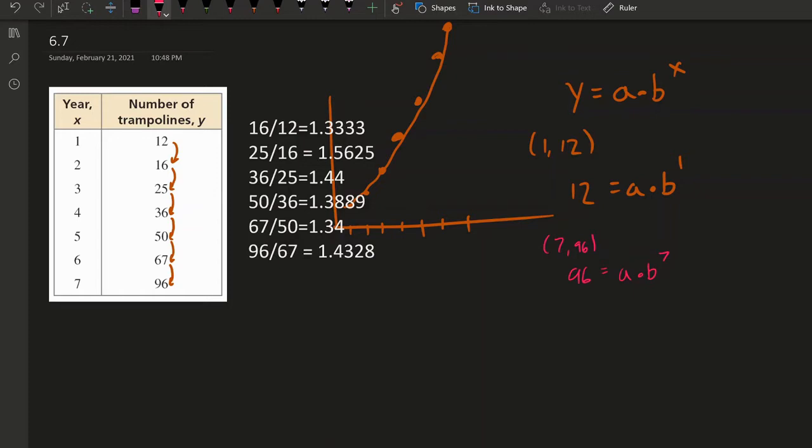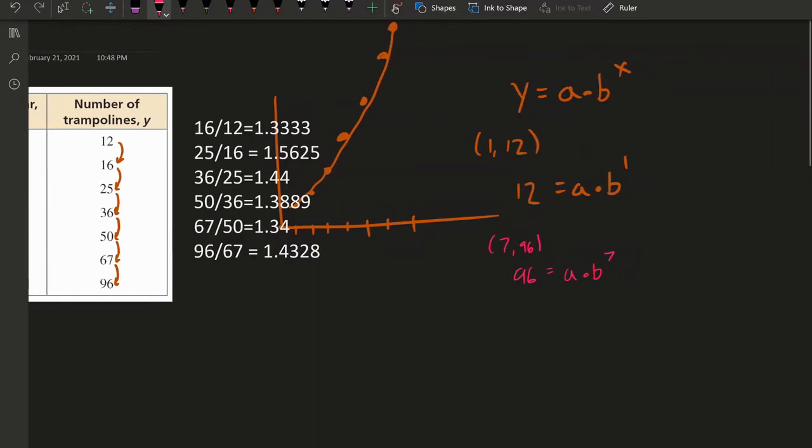So now what I have here is a system of equations, and I can solve that by solving one of these for one of the variables. So let me take the orange equation right here, because it's just a times b, and let me divide both sides by b, so I would get a is equal to 12 divided by b.